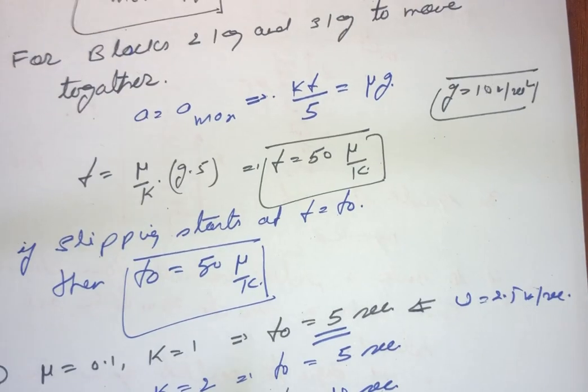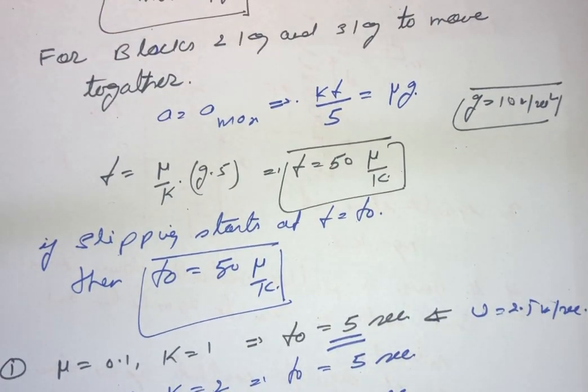So once again we come back to this table, and we are going to find the maximum value for which the slipping is going to start.